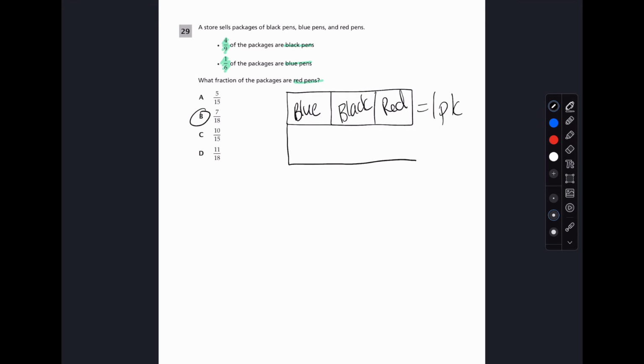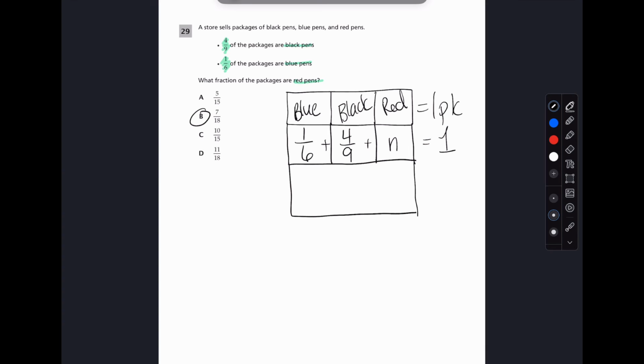So I know as I'm adding, I have 4/9. Oops, I put that in the wrong row. I have 4/9 over here for black, 1/6 for blue, and I have no idea what the red is. But it would all equal 1. So I know I'm adding all these together. I want these denominators to be the same to make it easier for me.